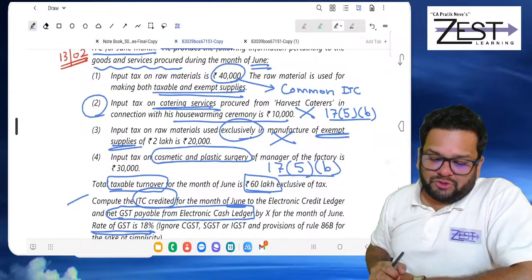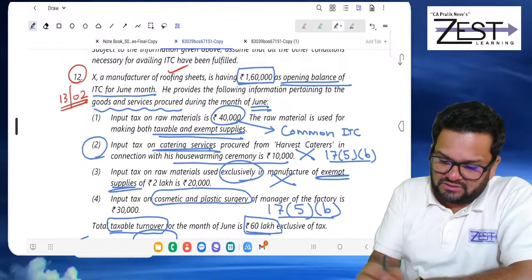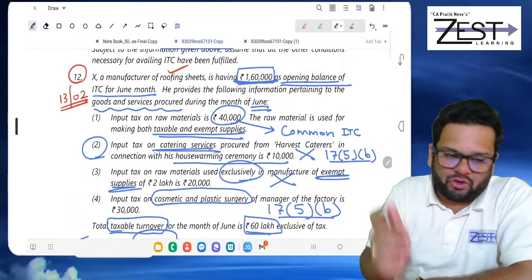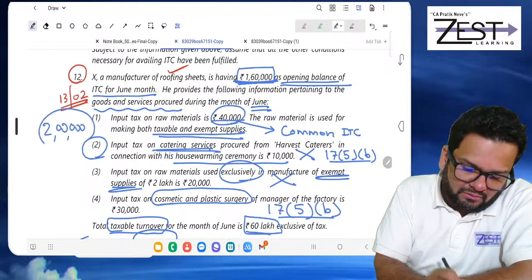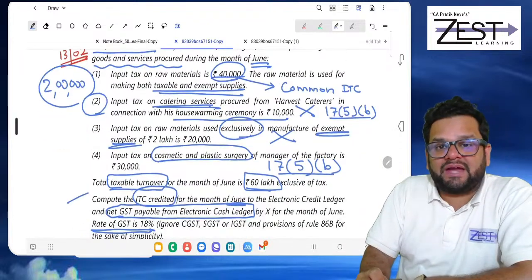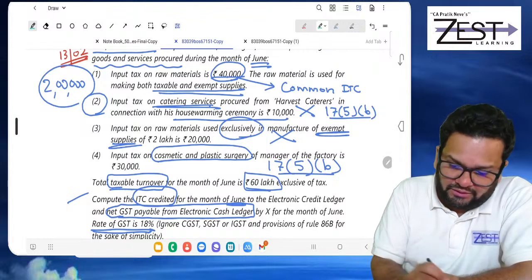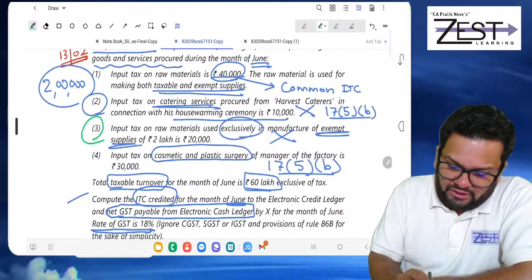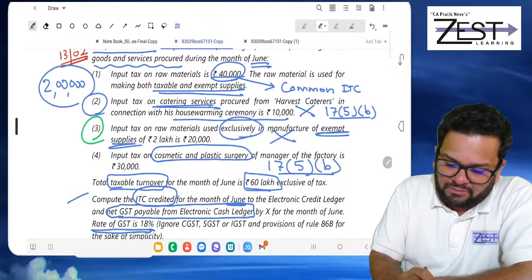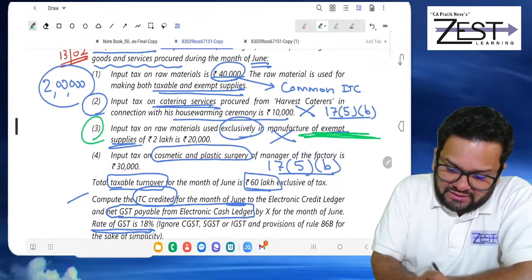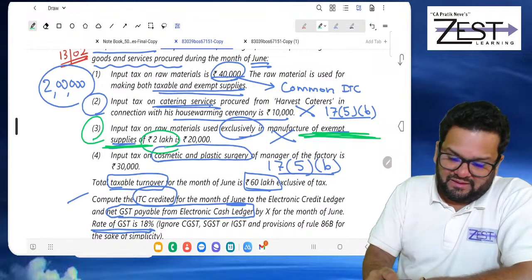Now what is the problem? Overall ITC that you can take is this 160 opening, of course, plus 40. 2 lakh you can take, but how much will be added back to output tax? If you observe the third point, it is saying input tax on raw material used exclusively in manufacture of exempt supplies. Exempt supplies are of 2 lakhs. That hint is given. Getting it?